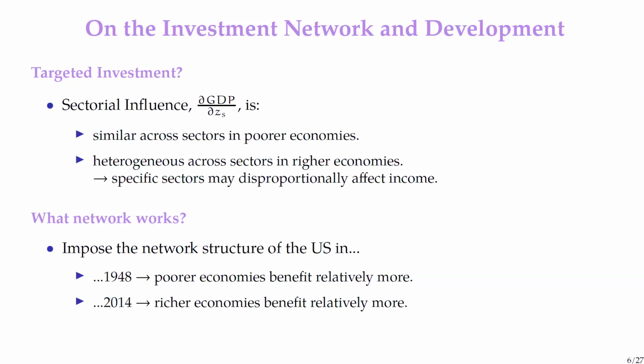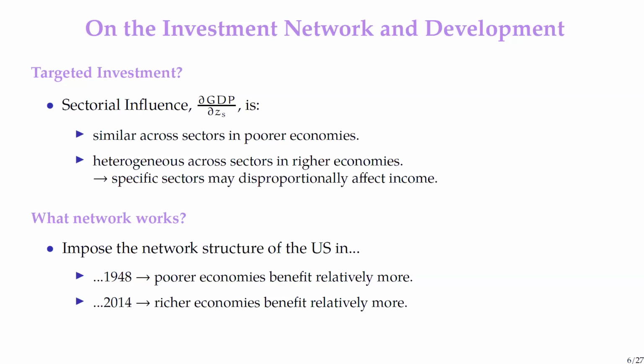Second, we ask if there are any particular features of the investment network that are desirable in terms of development. So what we do is we try to impose alternative investment networks to proxy for different types of technologies that countries may use to produce.